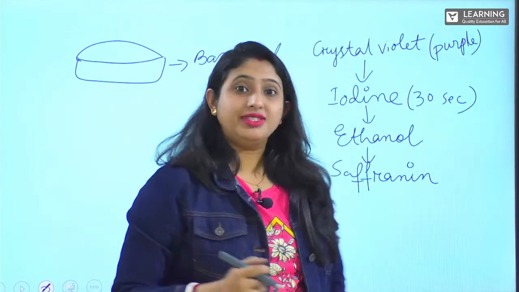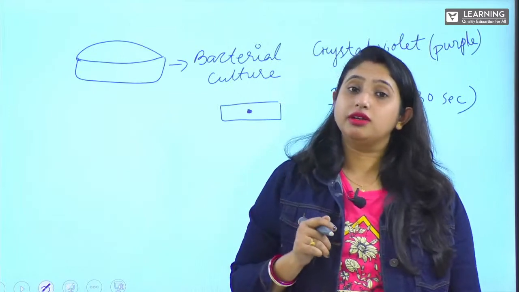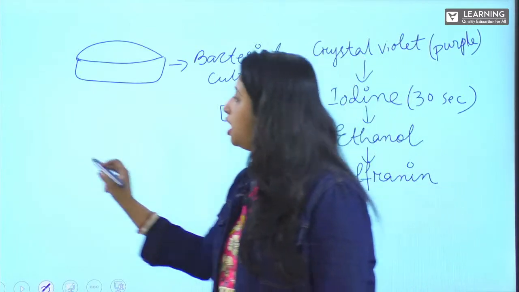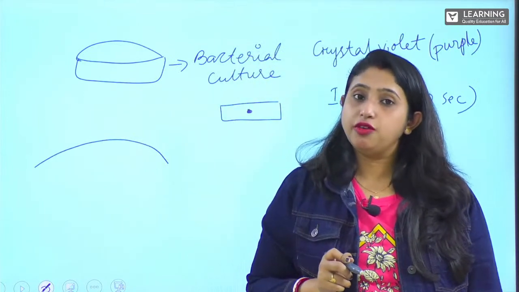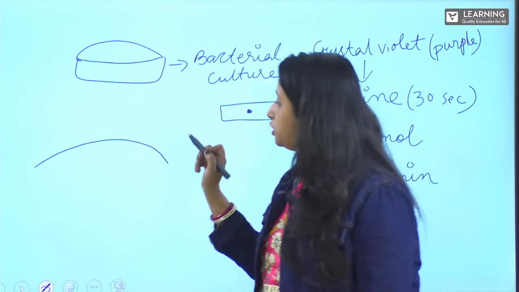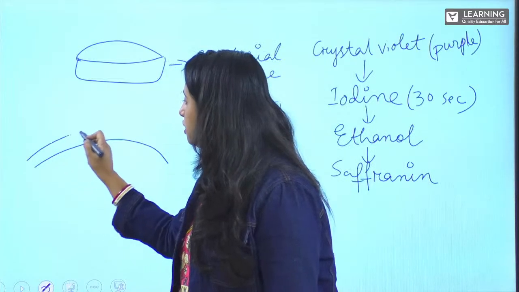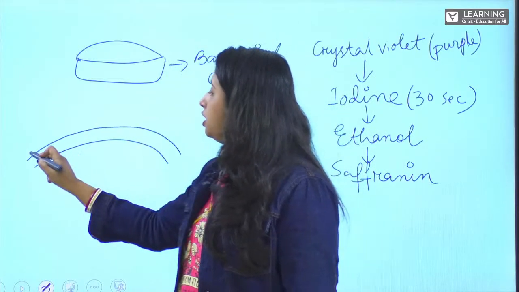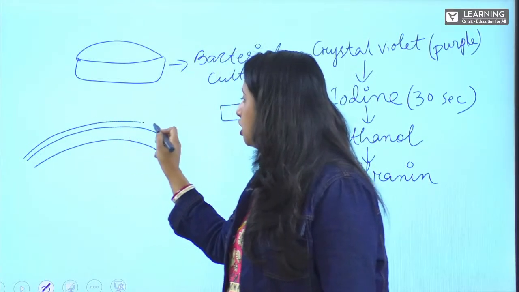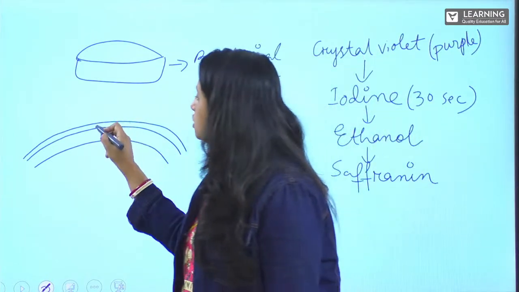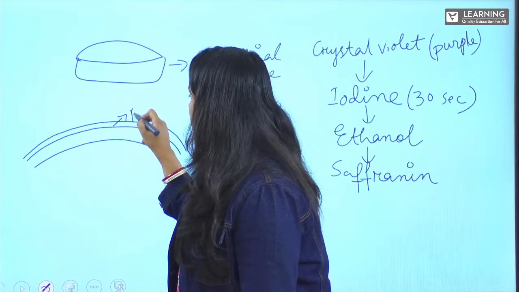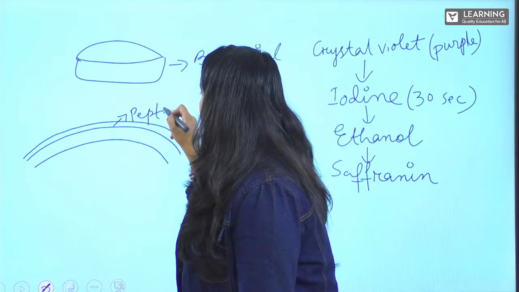Now what happens is, in case of the gram-positive bacteria, they will have the plasma membrane, right? And they will have the layer known as the peptidoglycan layer on top of the cell wall.